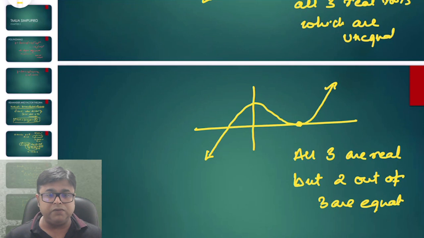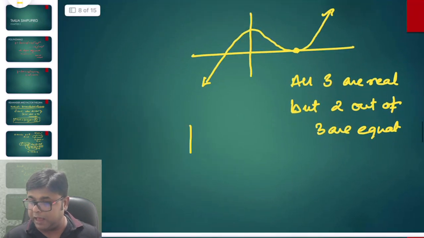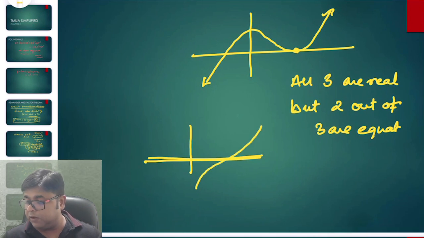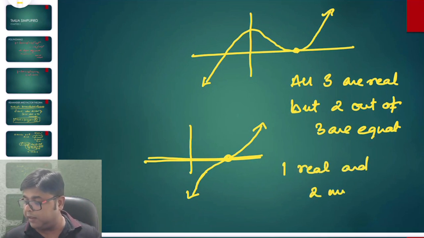As in quadratic, as we have seen earlier, in cubic also there will be two equal roots and one distinct root. Then there can be a case when we have only one real root and two imaginary. So the curve will be like this. There is one real root and two imaginary. So there can be different cases.